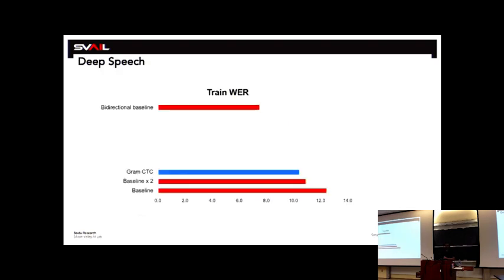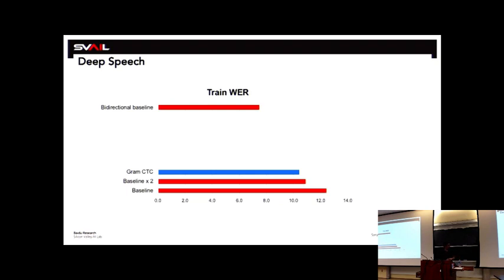All right, how well did that work? It worked well in the sense that it did as well as the 2x baseline with basically no increase in parameters. So we take the baseline model and remove CTC and instead do gram CTC with no increase in parameters, and we do as well as a model that has twice as many parameters.